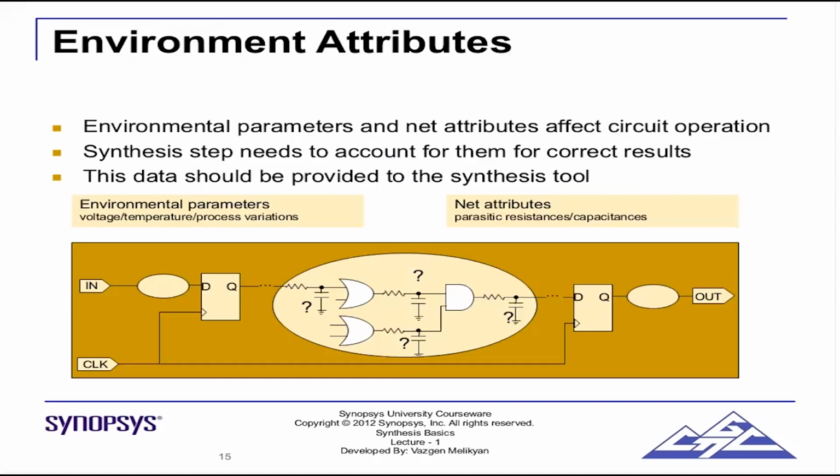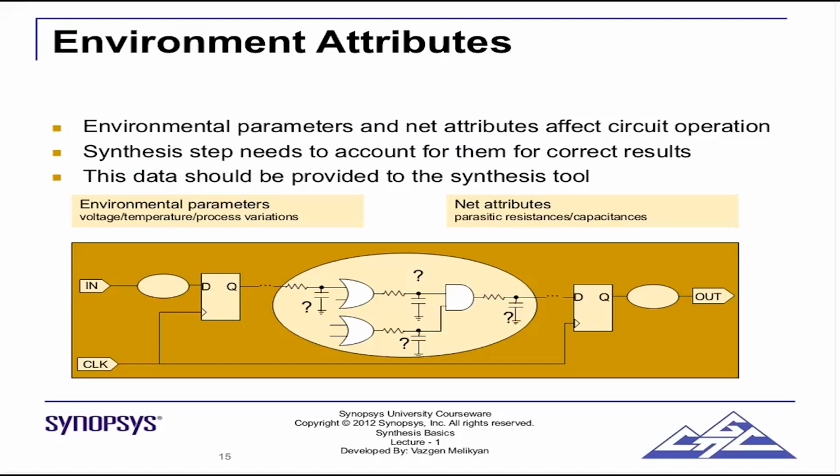Next we see something called environment attributes. Environment parameters and net attributes affect circuit operation. In synthesis we have been talking about picking gates, not about how they are connected together, that is, the parameters of the copper interconnect. Please note the interconnect information is only estimated during synthesis.